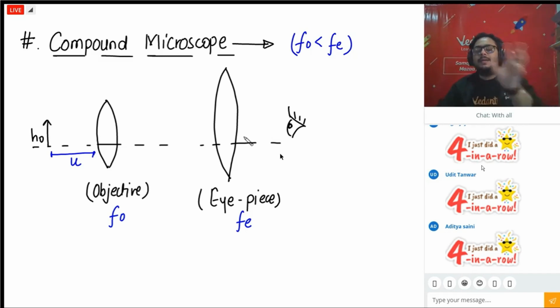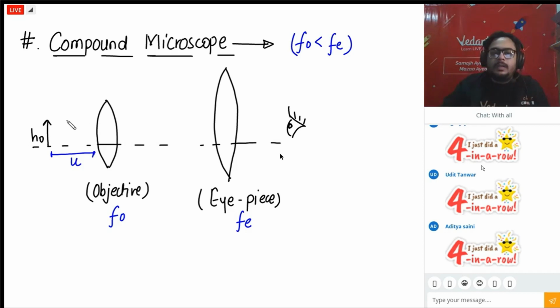Basically, they are two lenses, both are simple microscopes. You combine two simple microscopes. Why? Because then only you will see a magnified image. If we don't do this, then it will not be called a compound microscope.